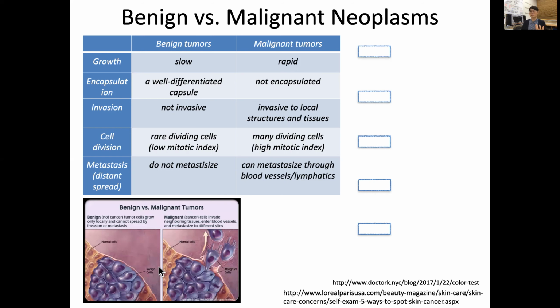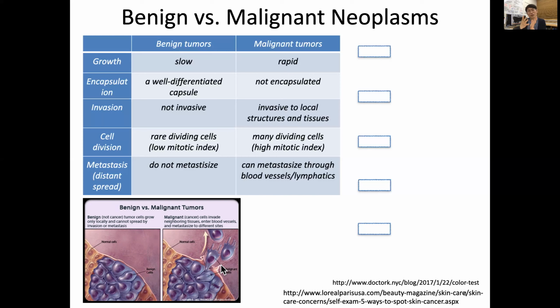Here's another cartoon showing benign versus malignant tumors. You can see normal cells and benign cells, but the benign growth is only local and cannot spread by invasion or metastasis. It's well encapsulated. In malignant tumors, you can see the encapsulation is broken, and the malignant cells crawl out, invading the neighboring tissues.